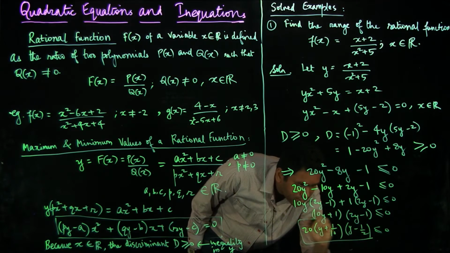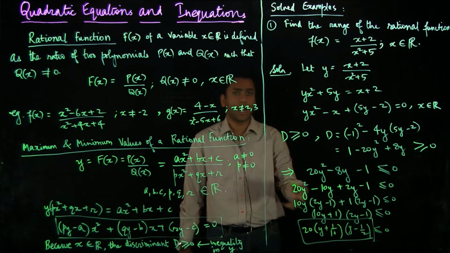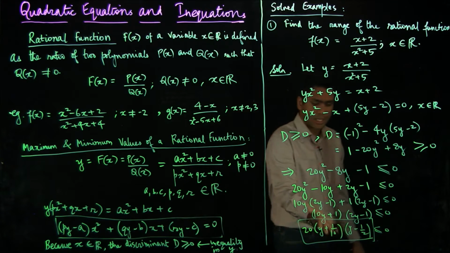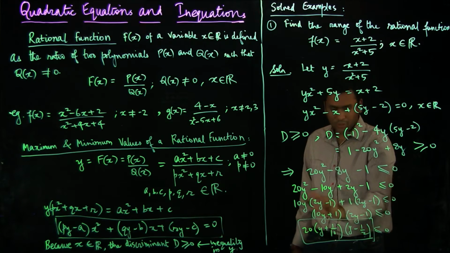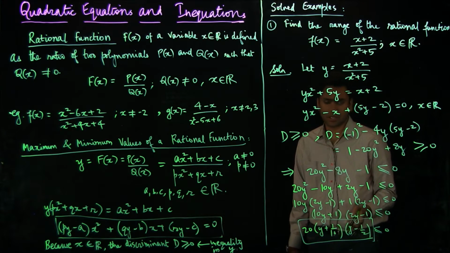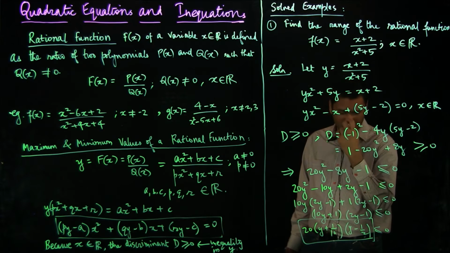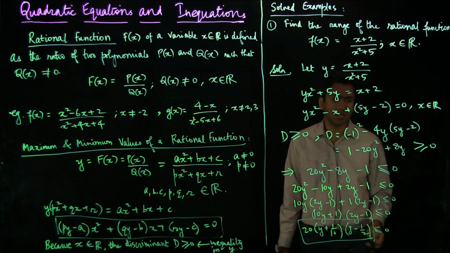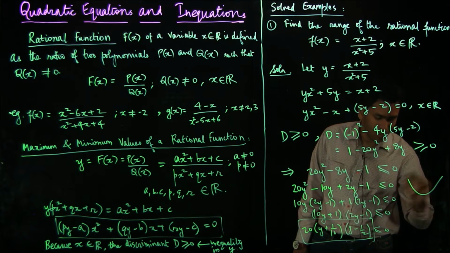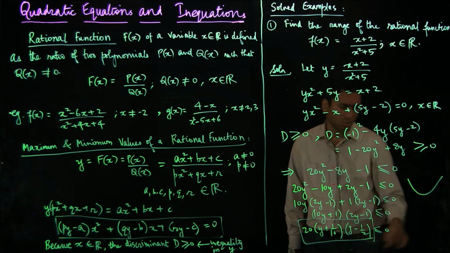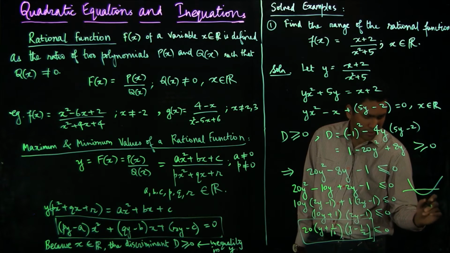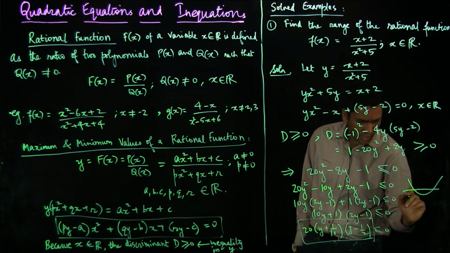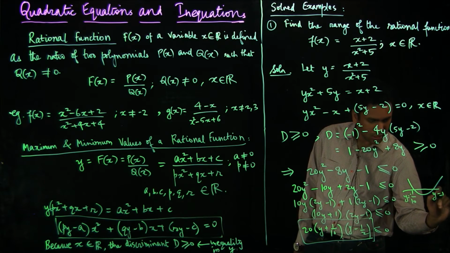So if you just look at this part and look at the roots of this equation, they are minus 1 over 10 and half. And we also know that for this part the coefficient of y squared is greater than 0, so the parabola must open upward. It also has two roots, so it should intersect the axis at 2 points: y equals minus 1 over 10 and y equals half.